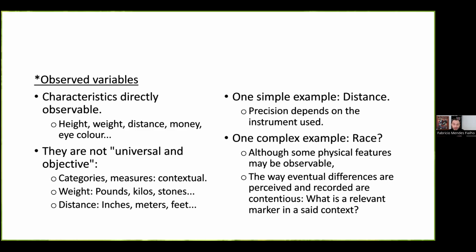So not all observed variables are born equal, and some of them are way more complex to measure and to record than others, and the categories we use to understand what is relevant to be recorded will be context dependent, right? So not everything that is observed is simple to assign a label or number to it. We can talk more about this later, by the way.